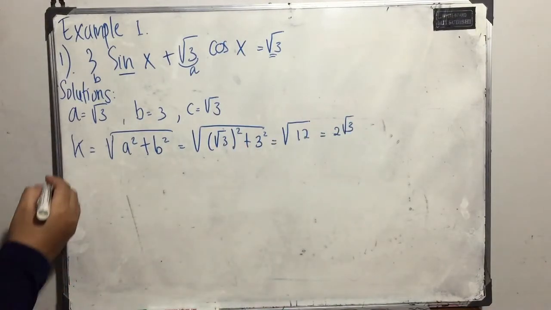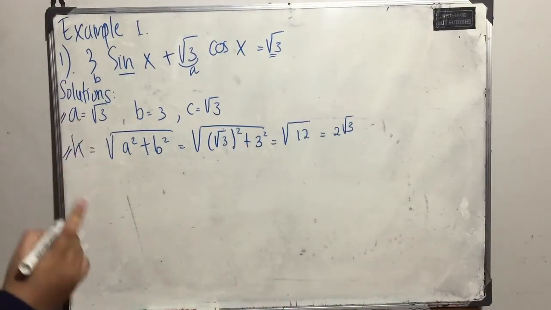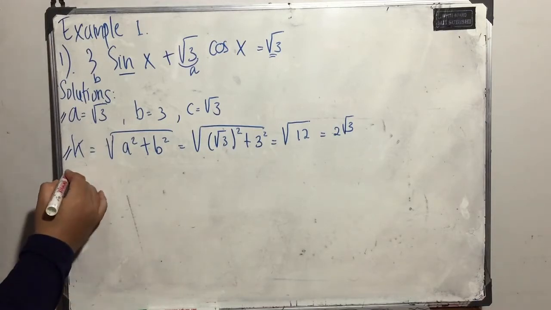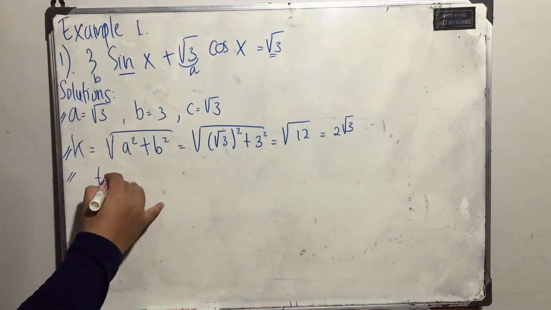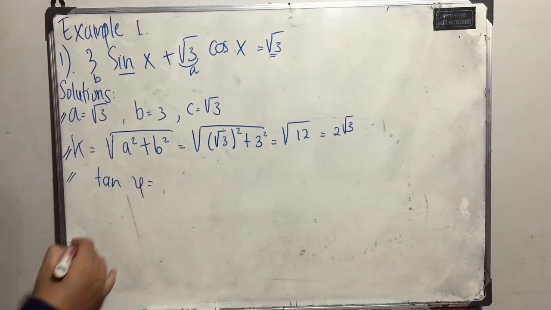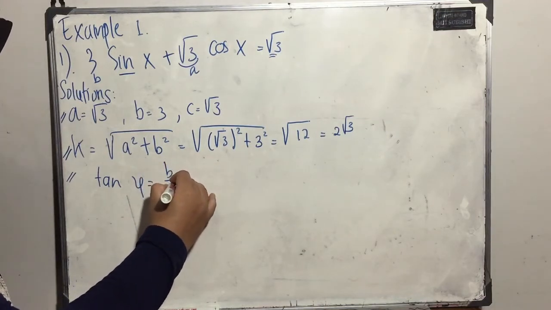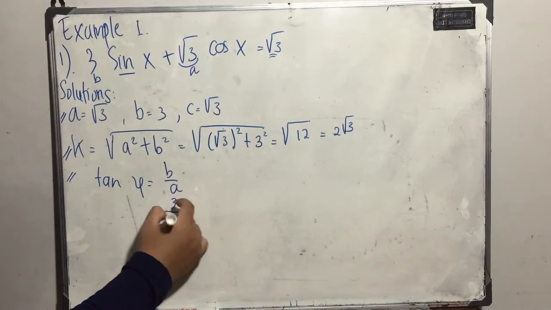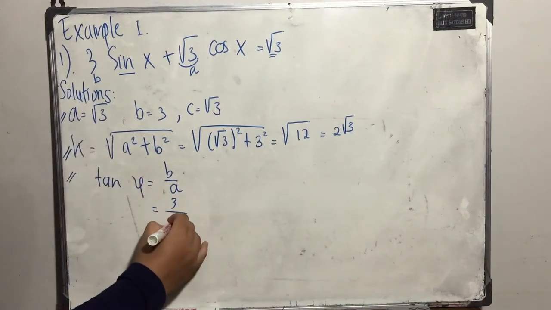From here, we need to find the tangent of alpha or mu or gamma, whatever you want. But in our PowerPoint presentation, I already wrote tangent mu. Okay, tangent mu means b over a. What is b? b is 3, and a is square root of 3.